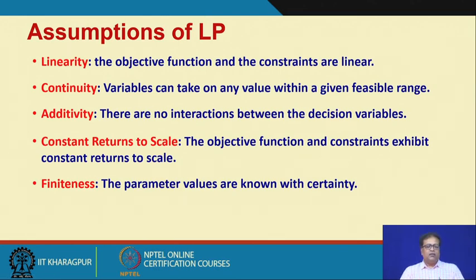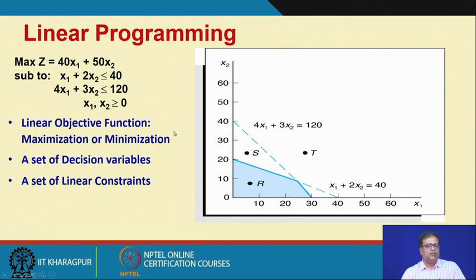Continuity assumption. The variables can take on any value within a given feasible range, right. So, what is the feasible range of x1 and x2 values? Here you see the x1 value could be anywhere between 0 to 40, but the feasible range is 0 to 30, and x2 feasible range is 0 to 20.